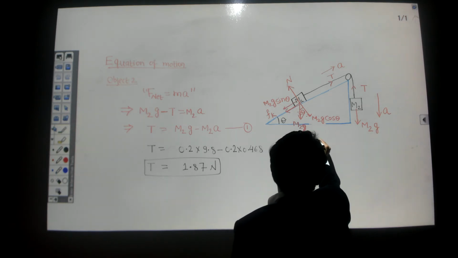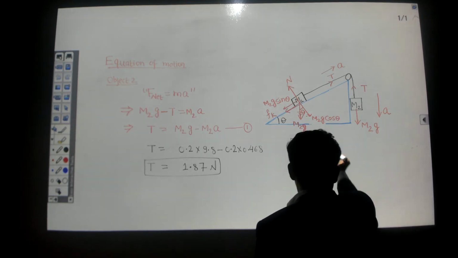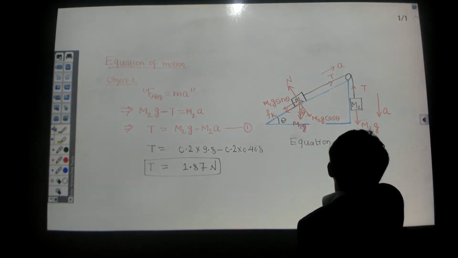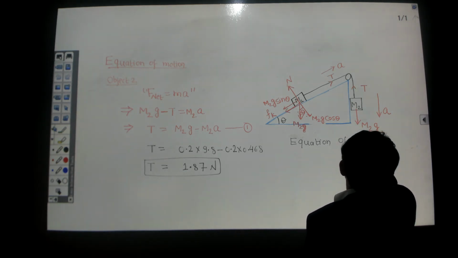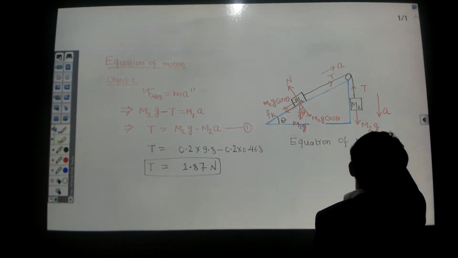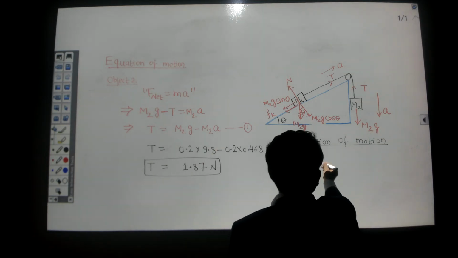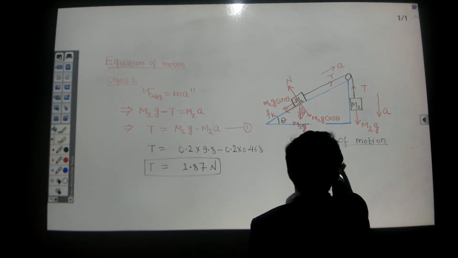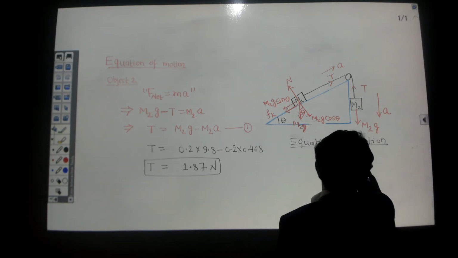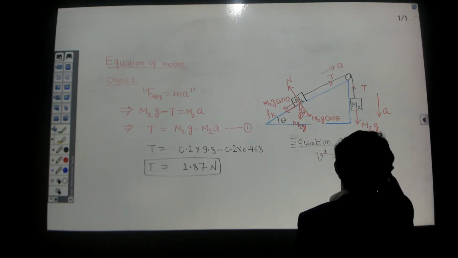You have to follow my other videos about the equation of motion. We know the acceleration, we know the distance, so I'm going to use this formula. V squared is equal to U squared plus 2AS.